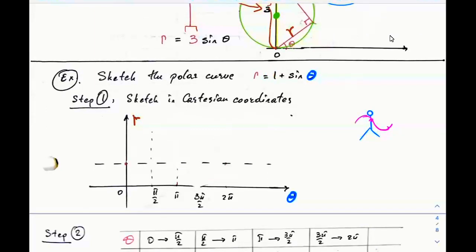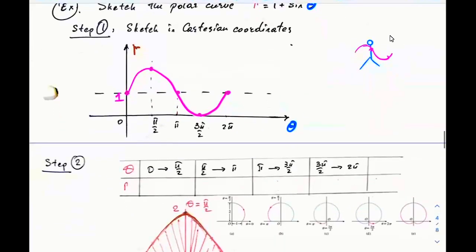So you move up 1 unit, so it will be here. This is 1, and you go back, then this. So that's the sine. This is 1 period of this. So it's going like this.